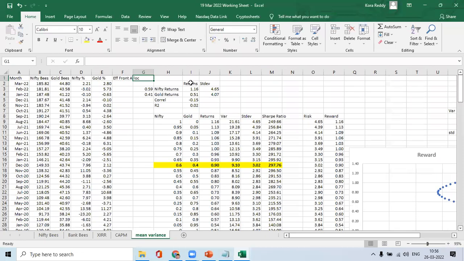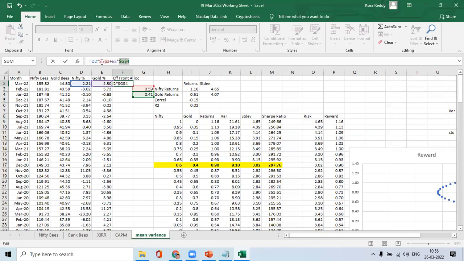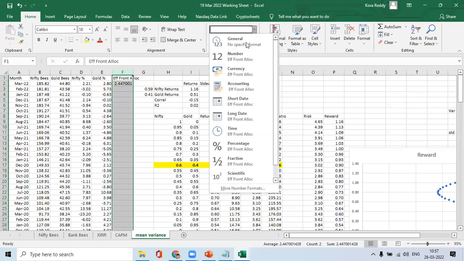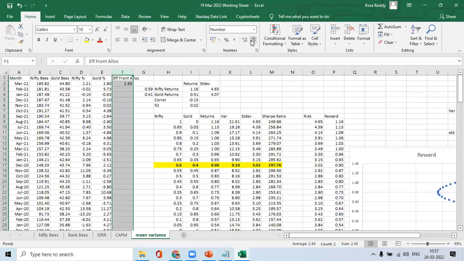So my returns now would be Nifty into 0.59 plus this into 0.41. Make it two-digit precision.